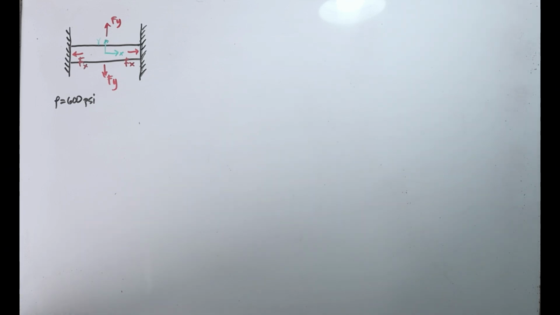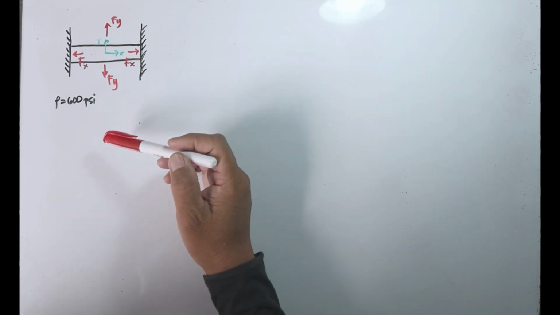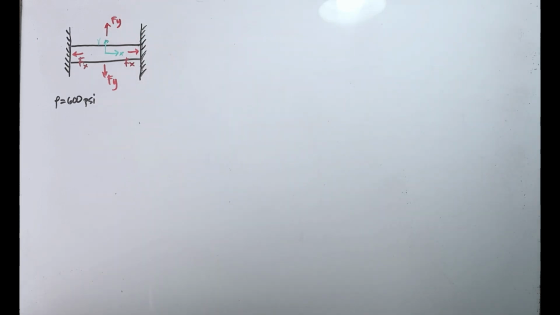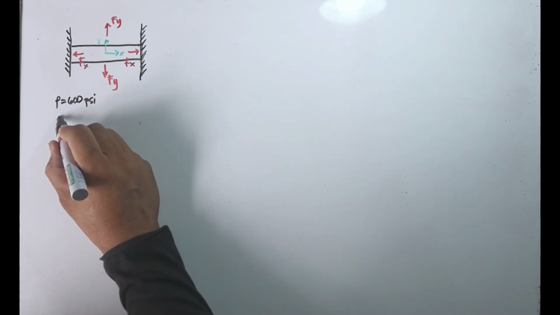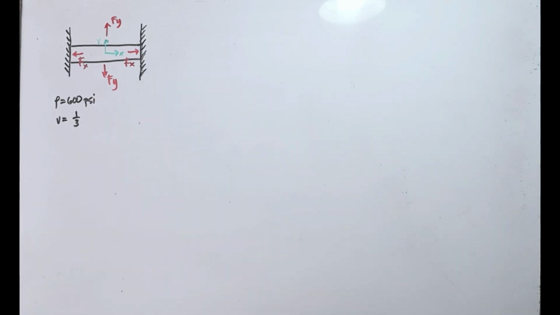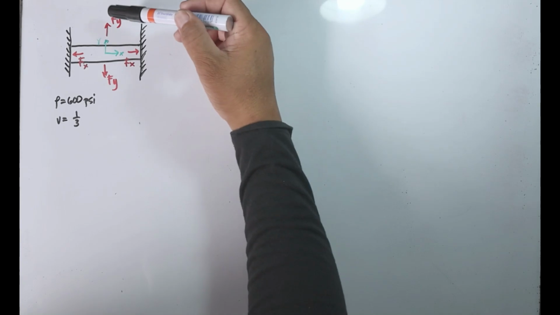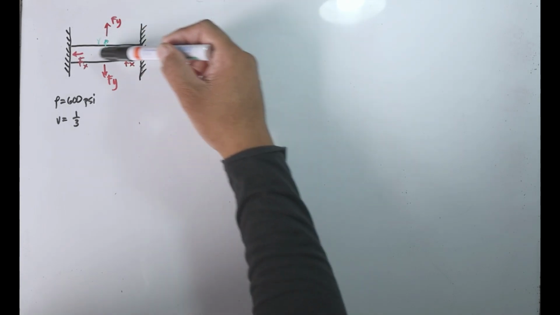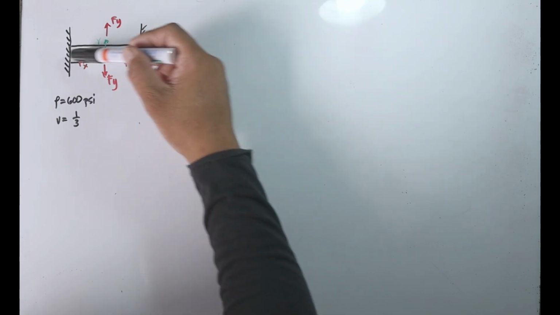However, there is still longitudinal stress caused by Fy, the vertical force Fy, because we are given the Poisson's ratio of 1/3. That means we are going to consider lateral strain.